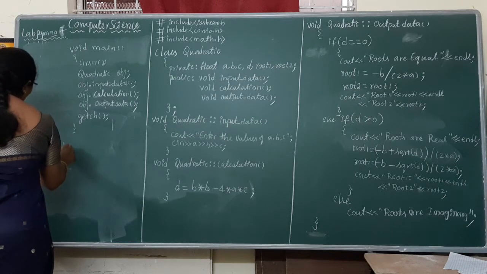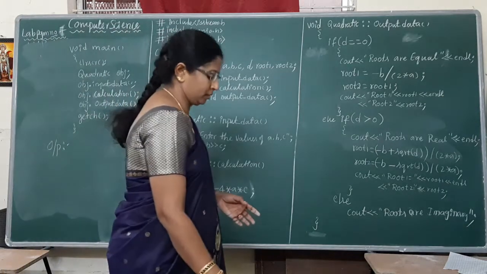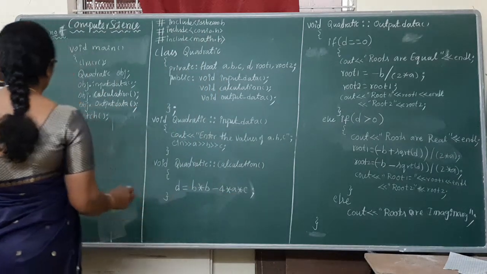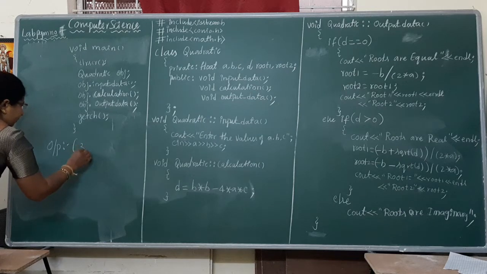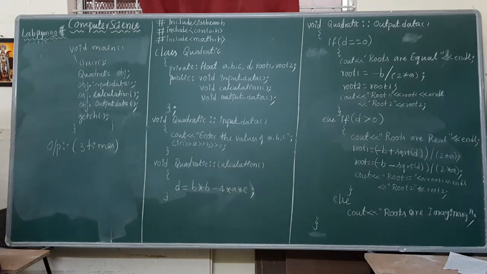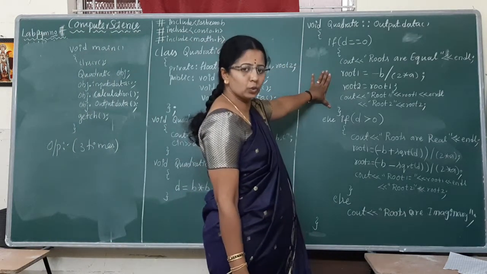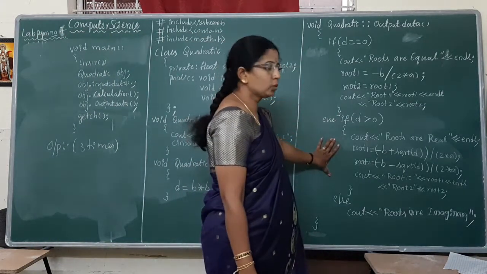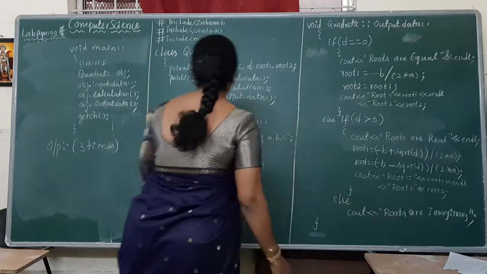Here you need to copy the output for this. Please remember your values. This program needs to execute 3 times. Why? Once you need to get the result as roots equal, then roots real, then roots imaginary.